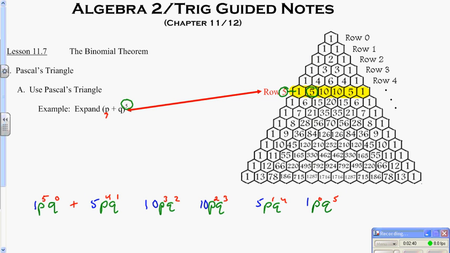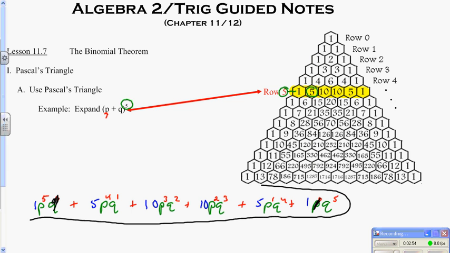And they are all added. And remembering, of course, that anything to the 0 power is 1, we can take those out. This would be our solution. Very quick and efficient when you use Pascal's triangle.